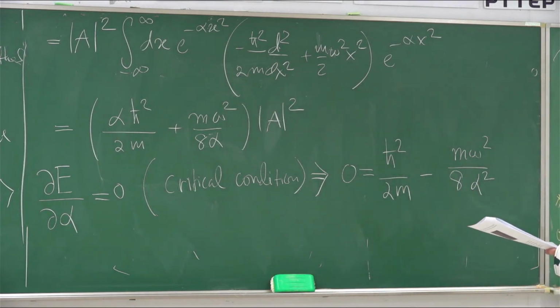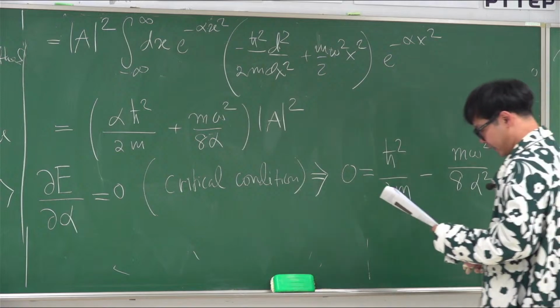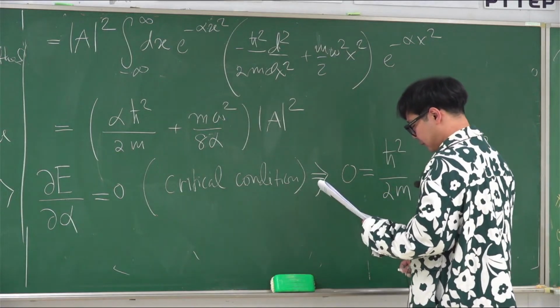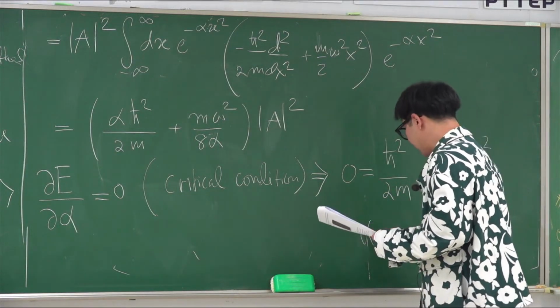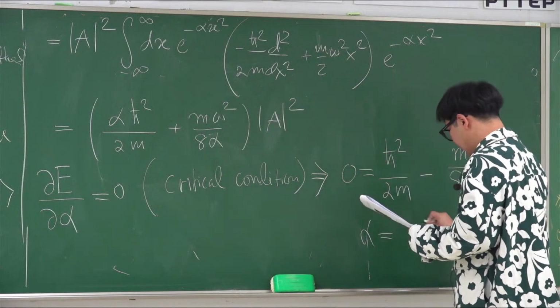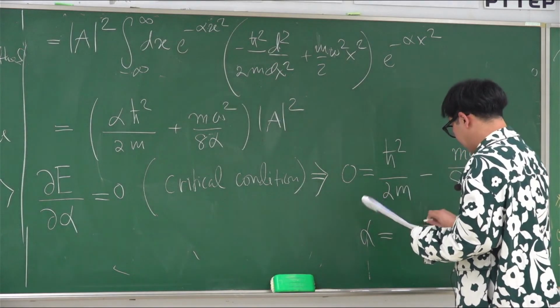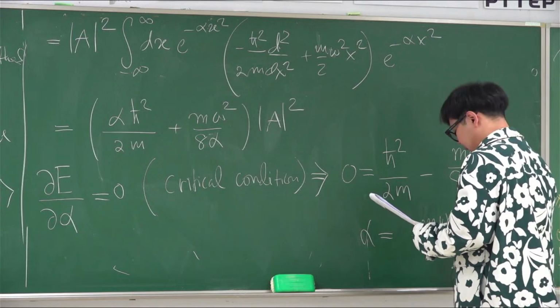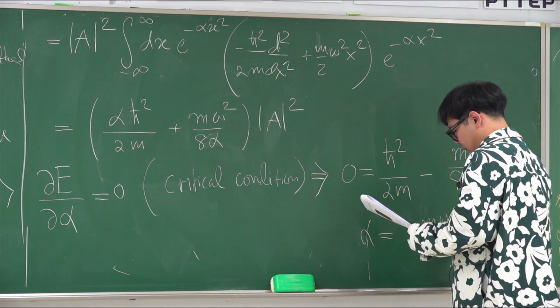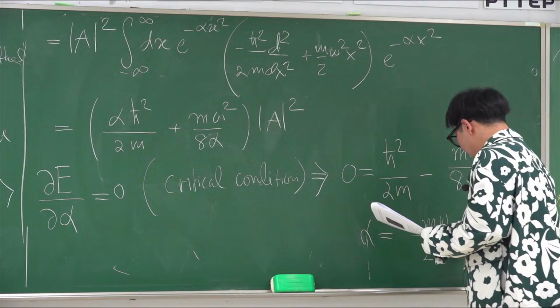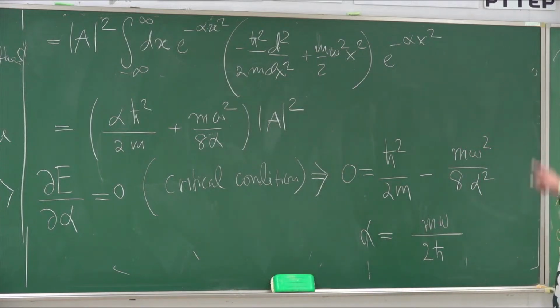Am I correct here? I think so. Yes, right. And then you can solve for alpha, right? The alpha is going to be m omega over h bar. Is that right? I think so.